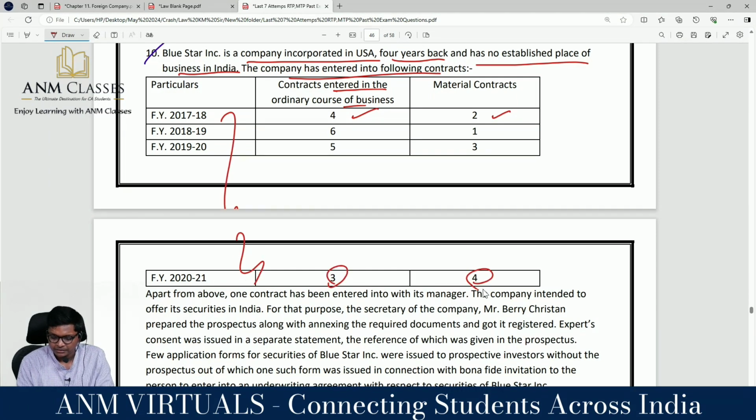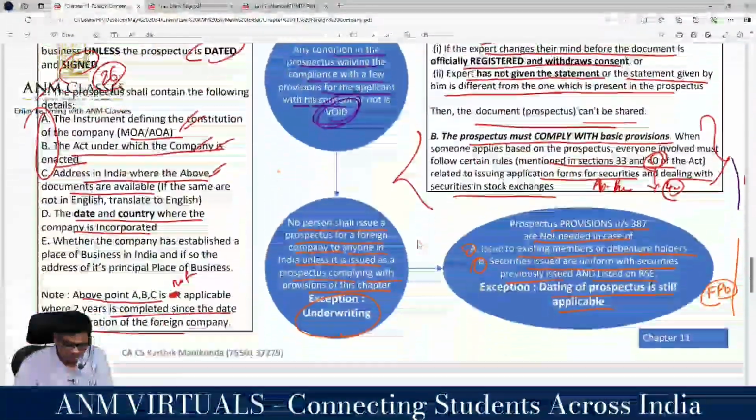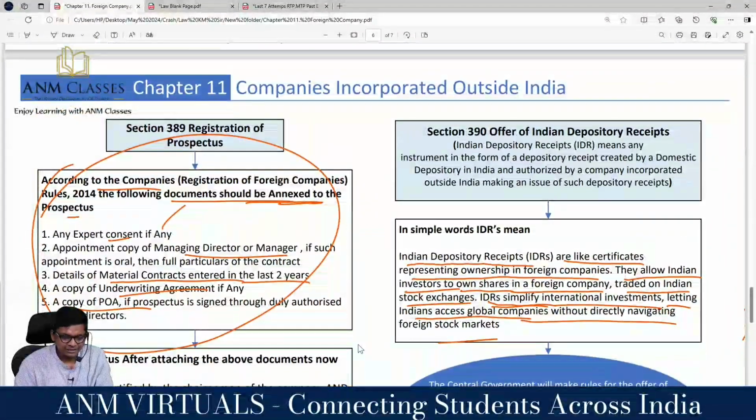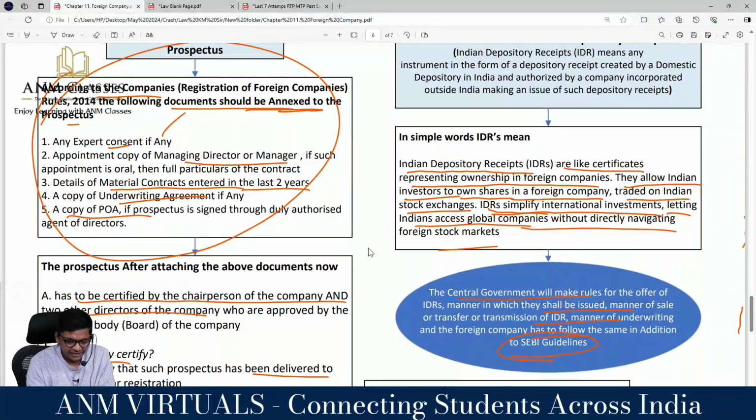Normal contracts, material contracts. Where do material contracts come in the provisions, sir? In the prospectus chapter, section 389, registration of prospectus. Here we have one thing: details of material contracts entered in the last 2 years should be submitted. Correct? This point they are going to test.